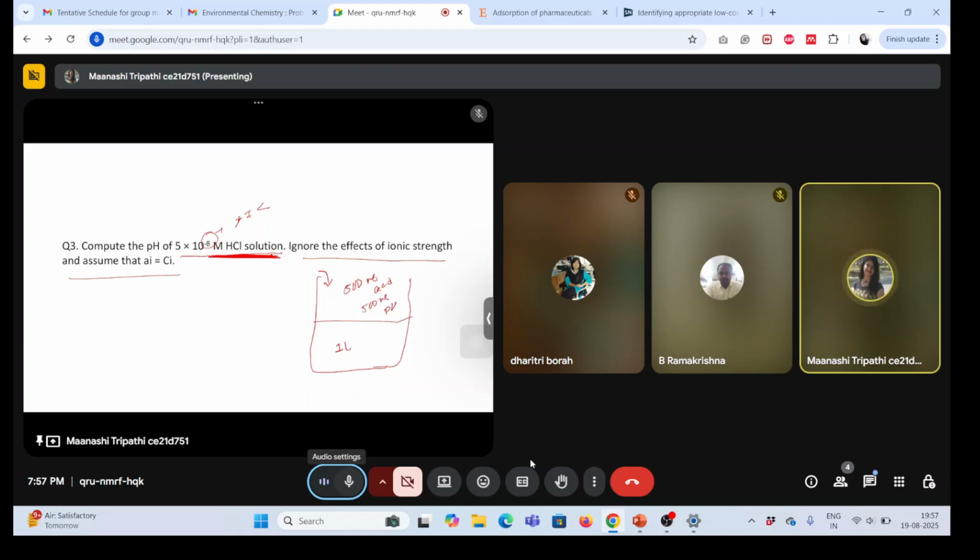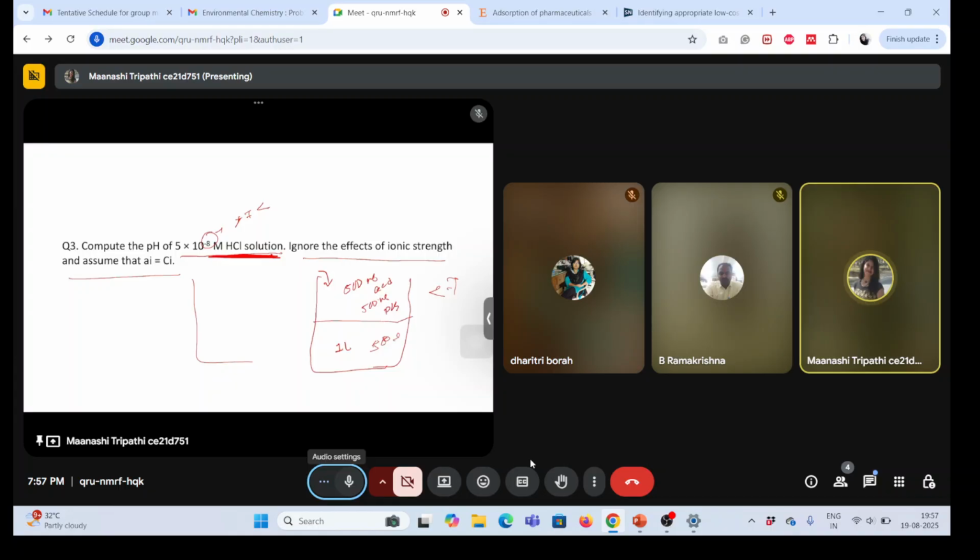Will it be less than 7 or more than 7? Obviously, it will be less than 7. But if I have another container of, let's say, 500 liters, and I add 1 spoon of acid, so it will be what? Acidic or neutral? And what can be the pH?